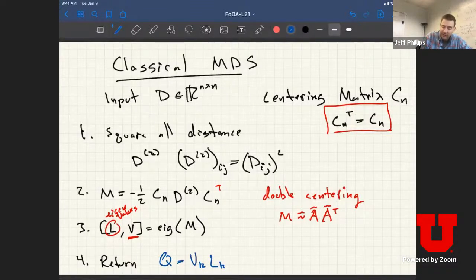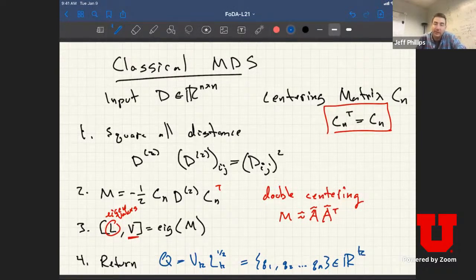And actually the square root of the eigenvalues, because those are the squared singular values, right? So I take the square root of them again. L was a diagonal matrix here, okay? And so this will be a set of points Q1, Q2, up to Qn, and these will live in R^k, because this will be k-dimensional.